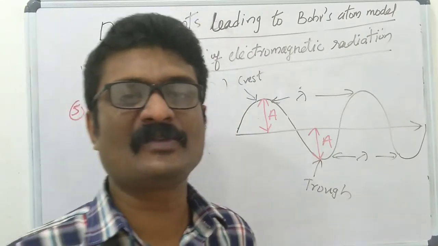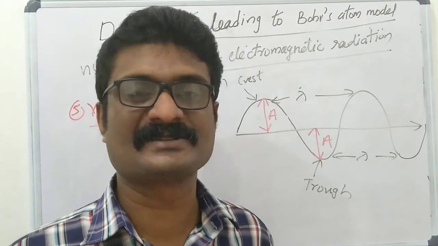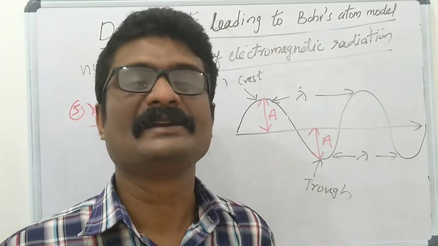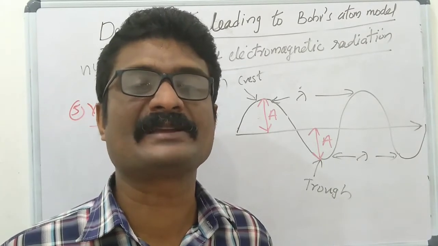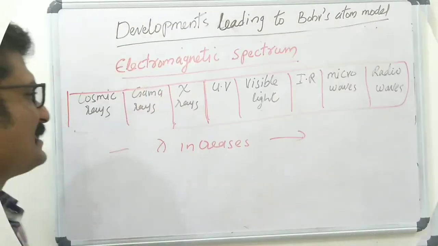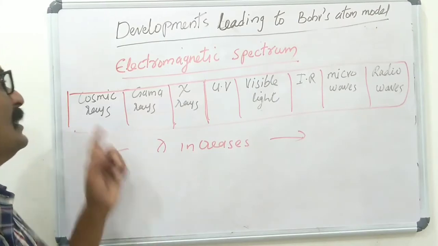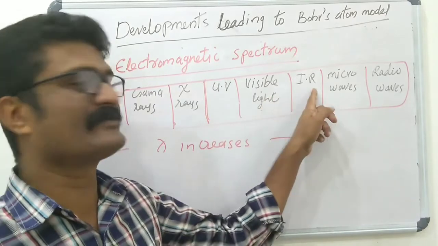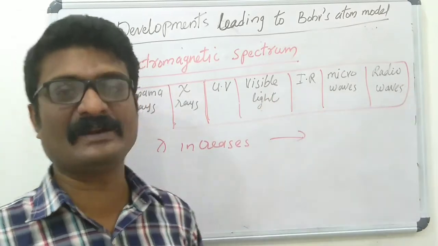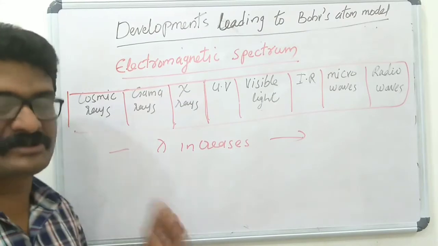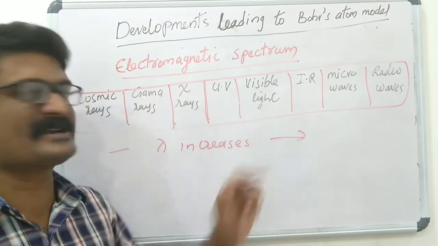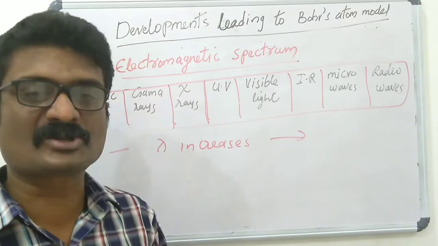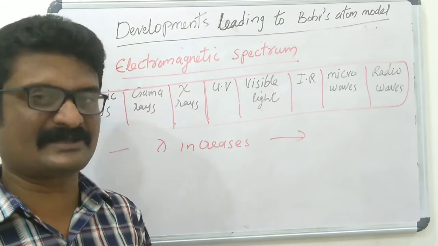The arrangement of electromagnetic radiations in the increasing order of the wavelength, or decreasing order of frequency, is called the electromagnetic spectrum.